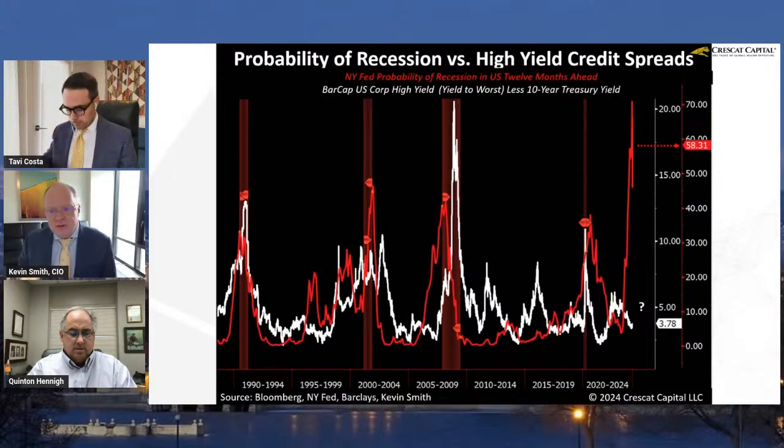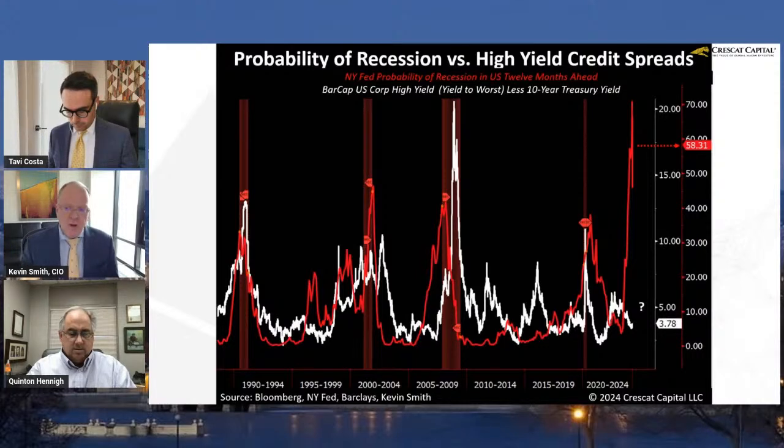But they're both signaling a high probability of a recession, and have been for a long time. This is the probability of a recession 12 months ahead, keep in mind, and it's at 58%, which is the highest it's been in the history of this model since just a few months ago.